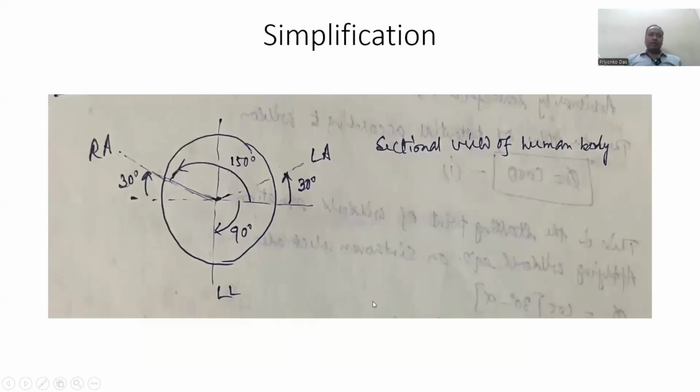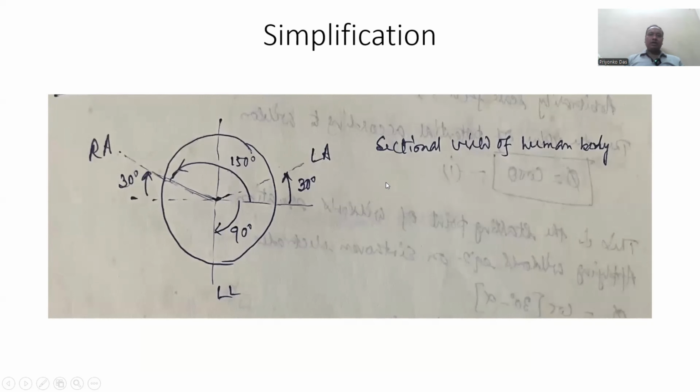Now some simplification. As per Wilson, this is the sectional view of the human body, which is basically a circle. Our left arm is at 30 degrees with respect to the reference direction, our right arm is at 150 degrees, and our left leg is at 90 degrees.